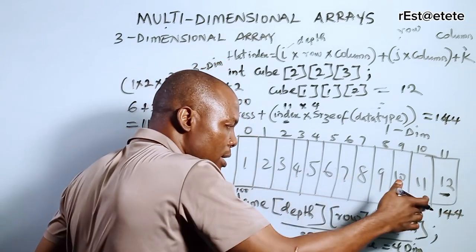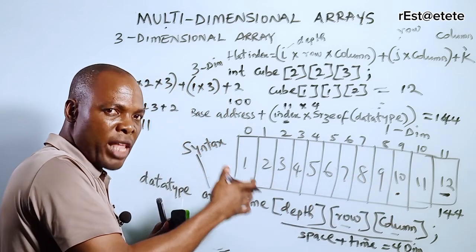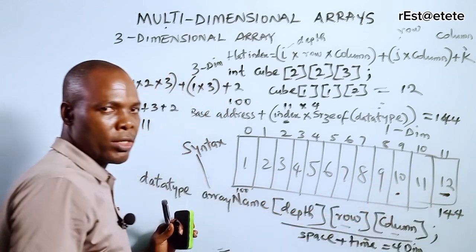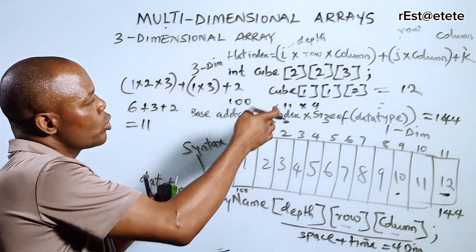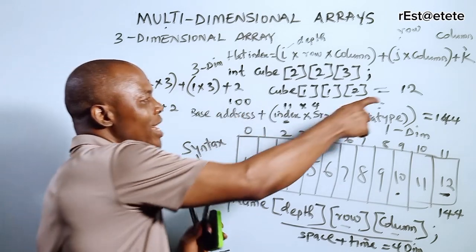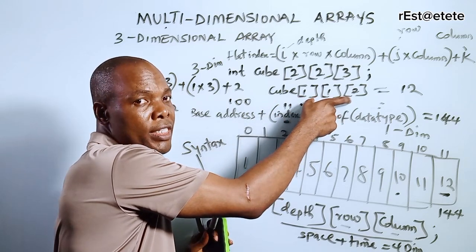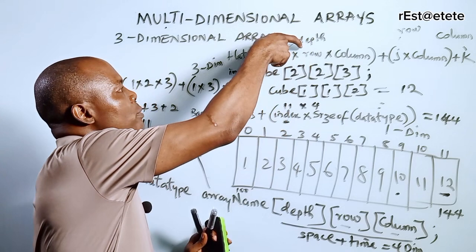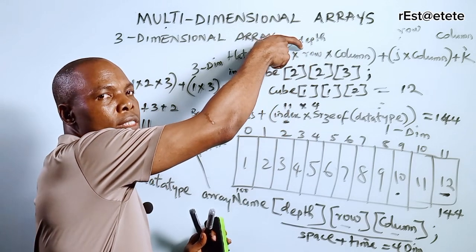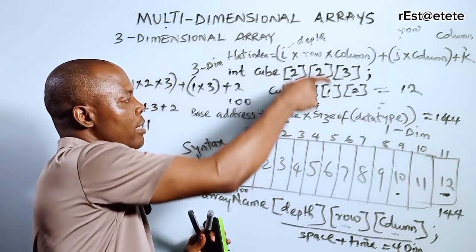If you do this again, just like we did in the two-dimensional array, you will get 144. So using this formula, you can determine the flat index.